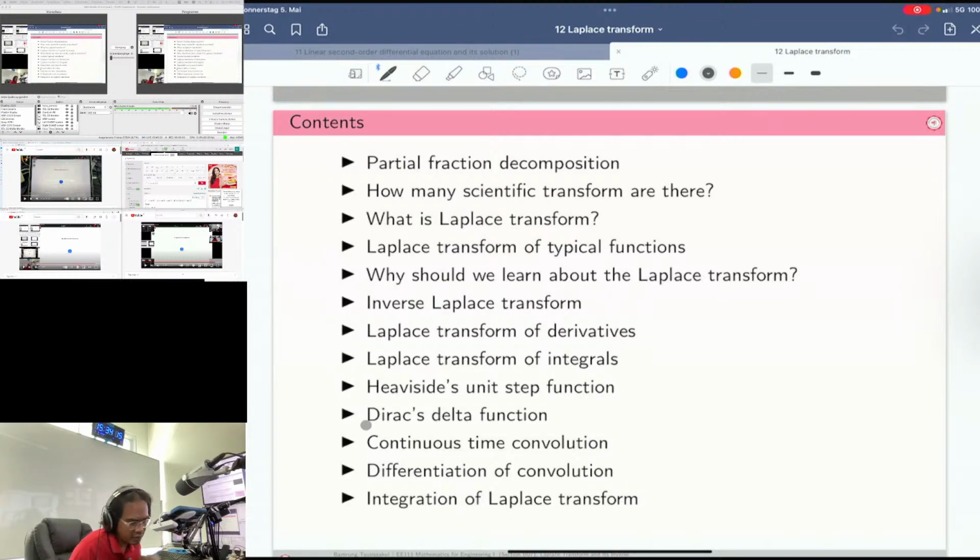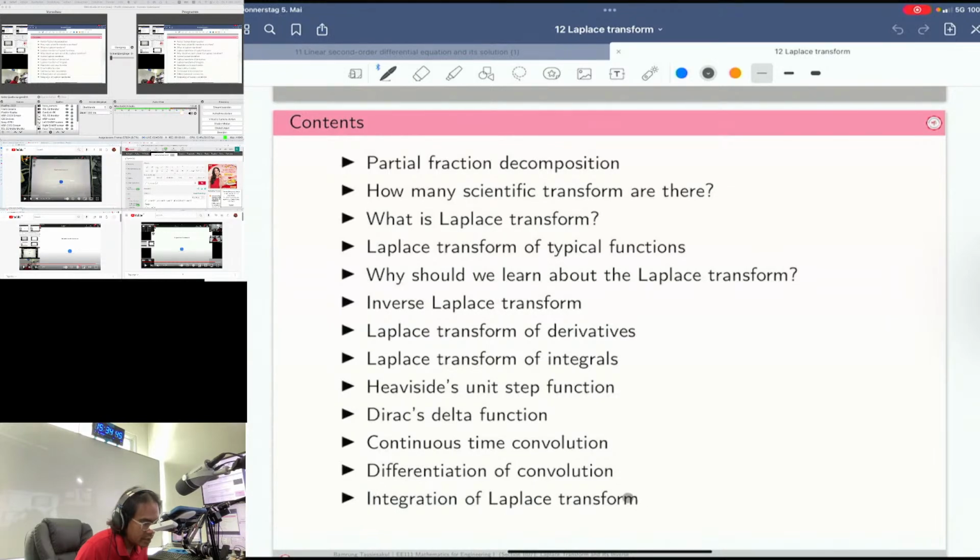And we will consider the Dirac delta function. It's like a Heaviside unit step function, but it's special. It's the impulse function. We consider the continuous time convolution, which is quite useful, and differentiation of the convolution is almost the last one.